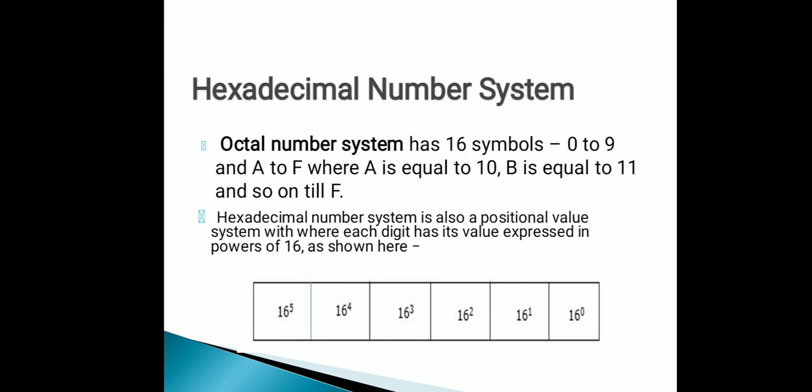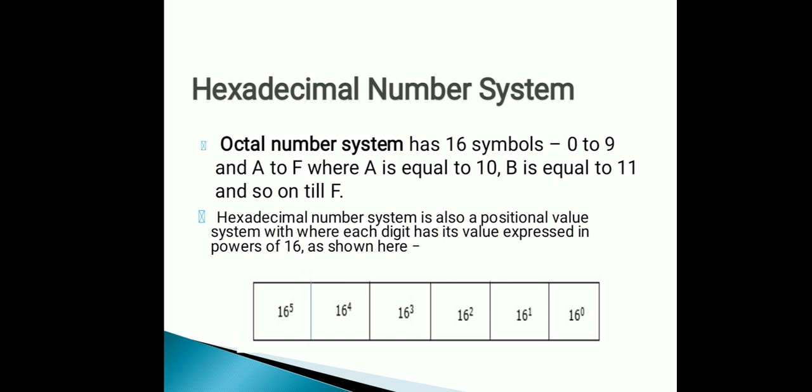That is 0 to 9, which is 10 digits, and A, B, C, D, E and F, which is 6 more. The letters represent numbers starting from 10: A is equal to 10, B is 11, C is 12, D is 13, E is 14, and the last one, F, is equal to 15. So there are a total of 16 digits.